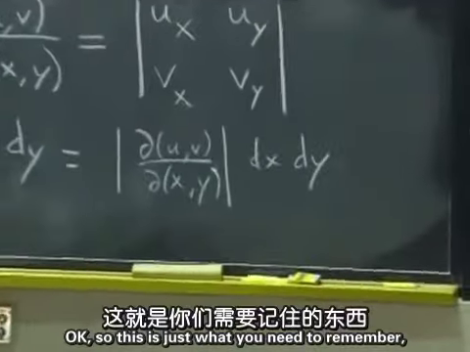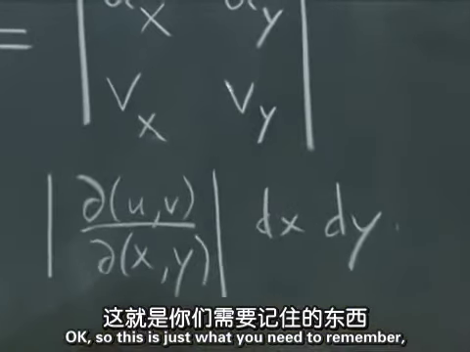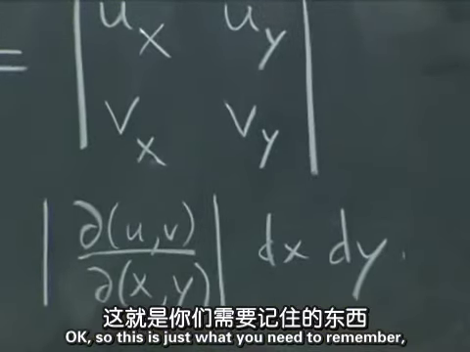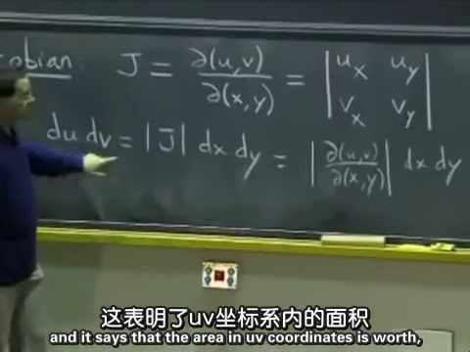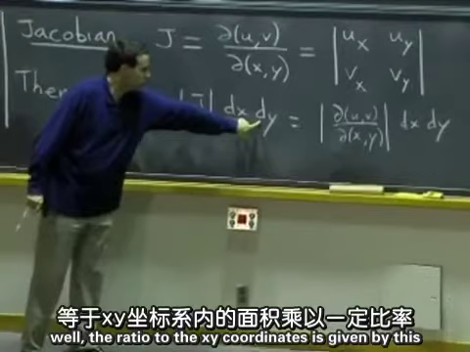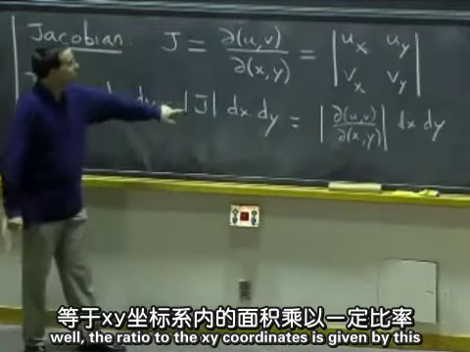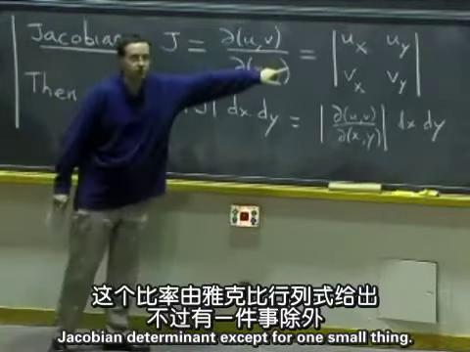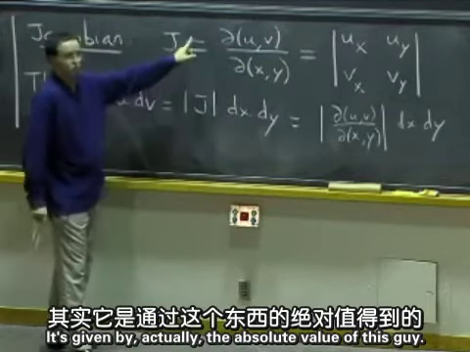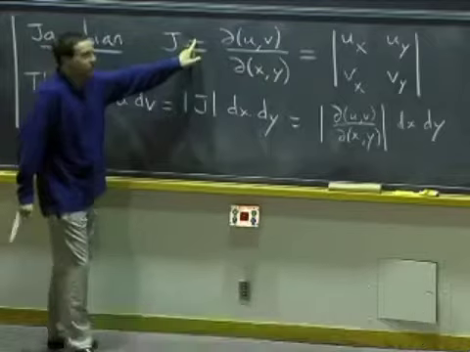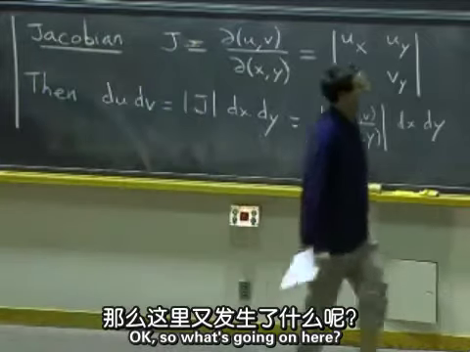Okay, so this is just what you need to remember, and it says that the ratio of the area in uv coordinates to the area in the xy coordinates is given by this Jacobian determinant. Except one small thing, it's actually given by the absolute value of this guy. So what's going on here?